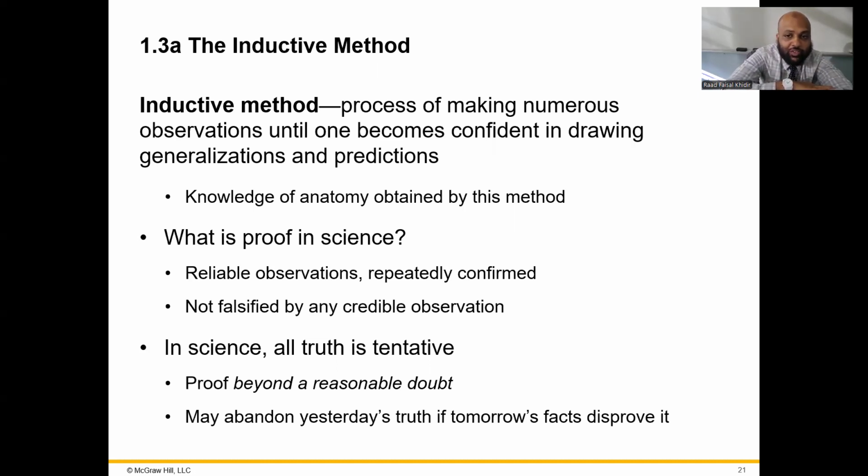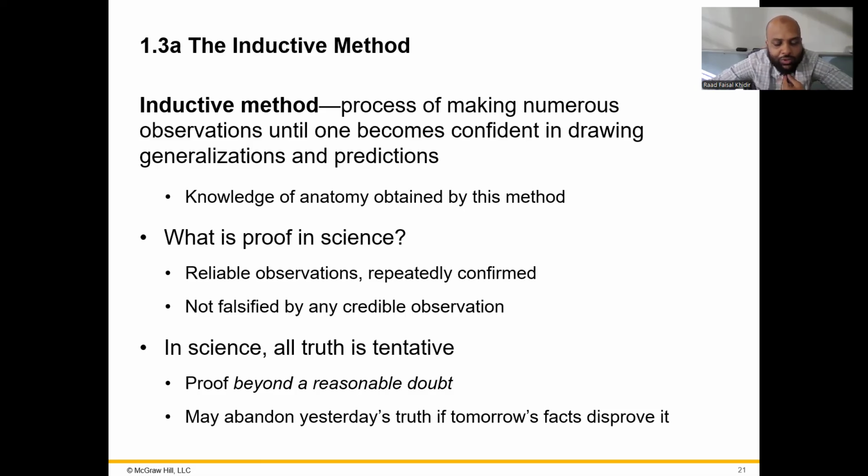That shows the process of making numerous general observations until one becomes confident in drawing predictions and generalizations. But we need to have reliable observations that are repeatedly confirmed, and not falsified by any credible observation.